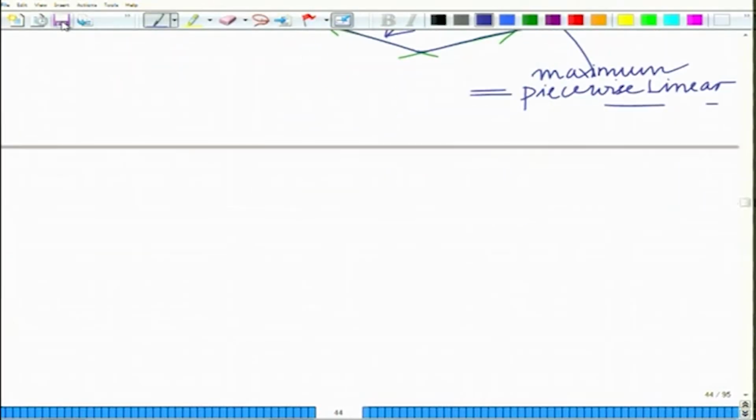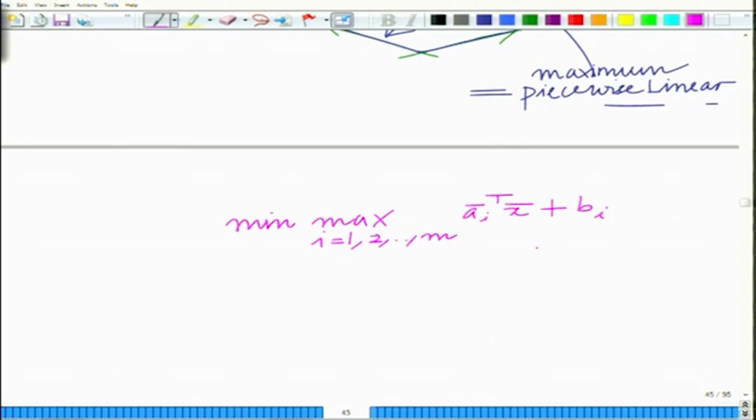And now what we want to do is minimize. To find the dual problem of this, I am going to first look at: minimize the maximum over i equals 1 up to m of ai bar transpose x bar plus bi. First, I am going to write this in the epigraph form.